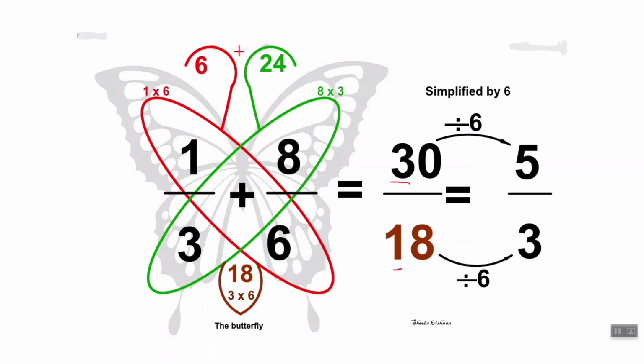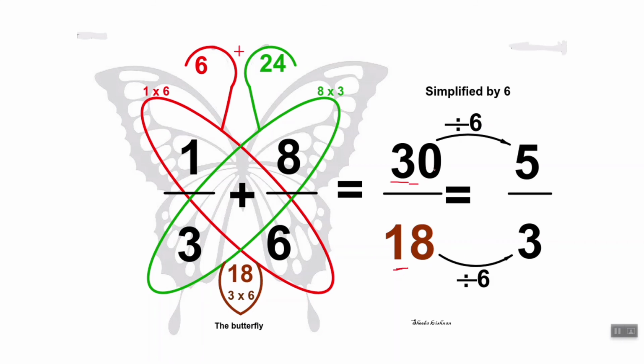we can change it to a mixed number. Here we can simplify this fraction by using a common factor first. So 6 is a common factor of 30 and 18.